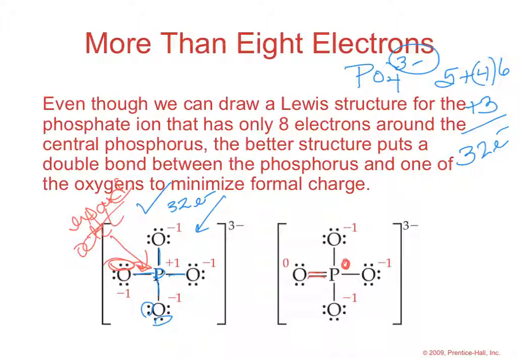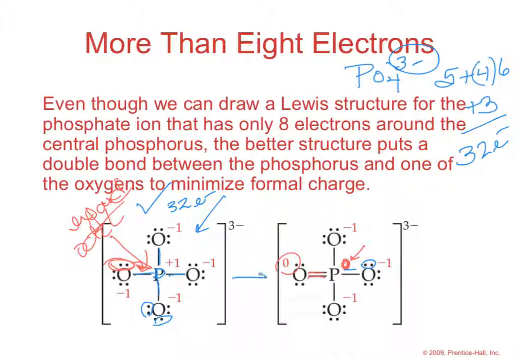We've minimized formal charge. And I've had students ask me before, well, how do I know when to stop? I mean, can I expand it again? Well, if you're not sure, usually if the central atom has a formal charge of 0, you need to stop. But I'm just going to show you what happens if you didn't know that and you went ahead and tried it again. So let's go ahead and make another one and see what happens.